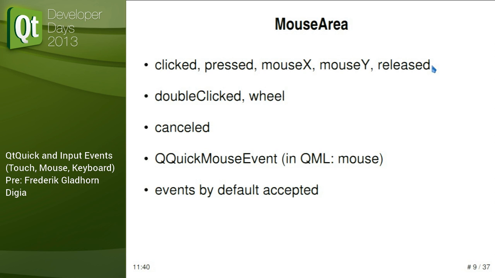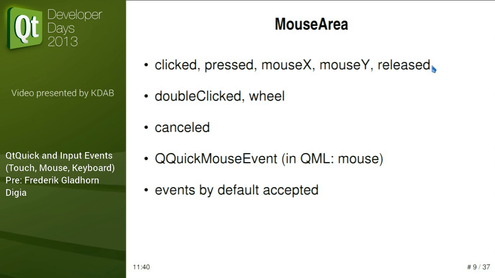So the idea is that in the normal case, you don't have to do anything, because if you have an onPressed handler, for example, it probably means that you want to do something with the mouse. And we assume that, yes, you handle it and you don't have to do anything special. But like in the case of the round MouseArea, you want to explicitly not accept it. So you can say mouse.accepted equals false, and then the event will go through your mouse area as if it never got there.